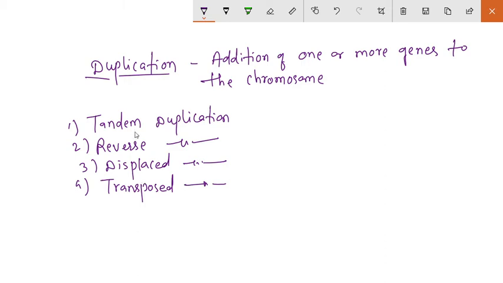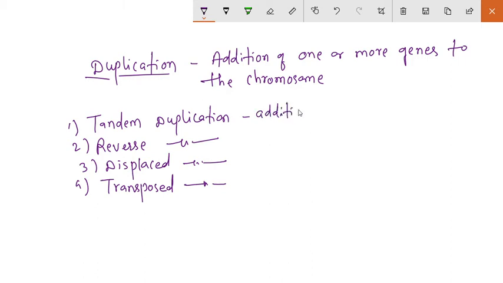So there are the four different types of duplication: tandem, reverse, displaced, and transposed duplication. Okay, so we will see one by one. So first of all, the tandem duplication.